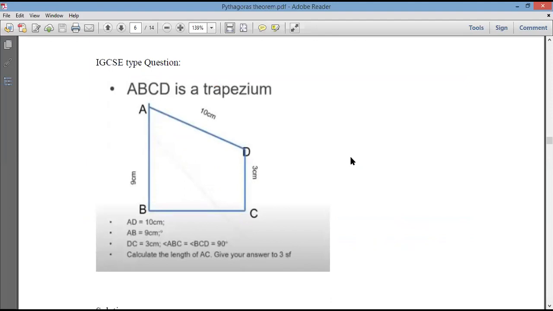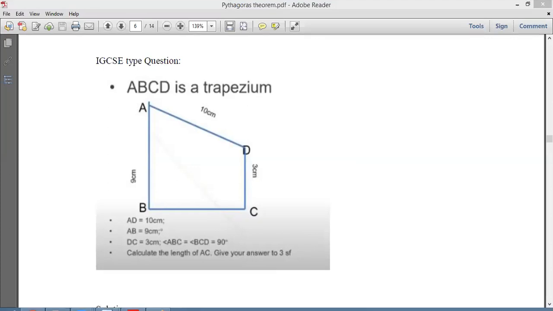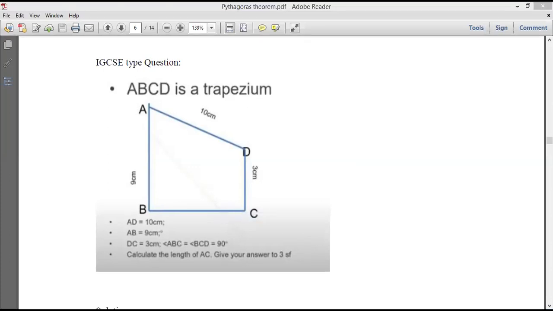I give you a trapezium, then you have to apply what you learned just now to solve these questions. So I move this question to the pen. Okay, you read the question first.